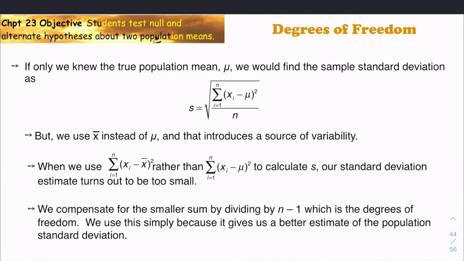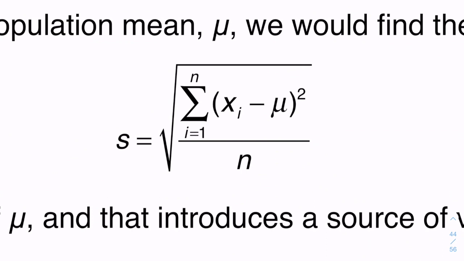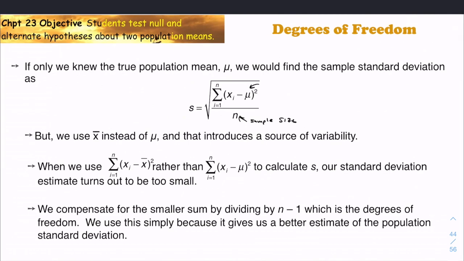Lastly, degrees of freedom. If we only knew the true population mean, mu, we would find the sample standard deviation as, if you recall this formula, s equals the square root of the sum of all of the squared deviations divided by our sample size. But we use x bar, the sample average, instead of mu, our population mean, and that introduces a source of variability.